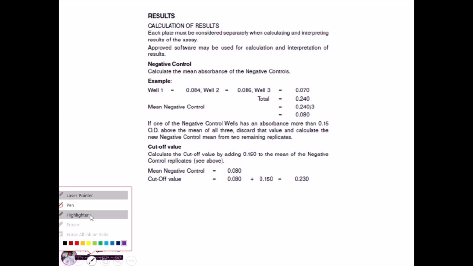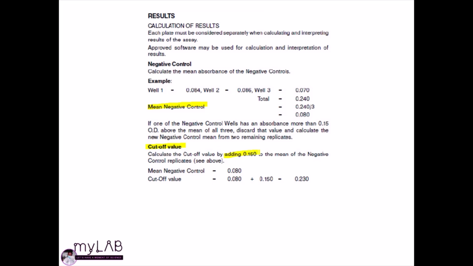Let me use a highlighter. We obtain the mean of our controls. And once we have gotten the mean, then we are going to calculate the cutoff value. In this case, we are adding 0.15 to the mean of the negative control replicates.